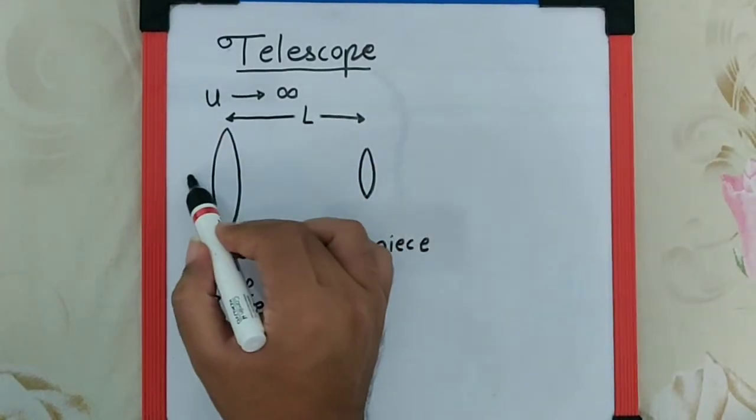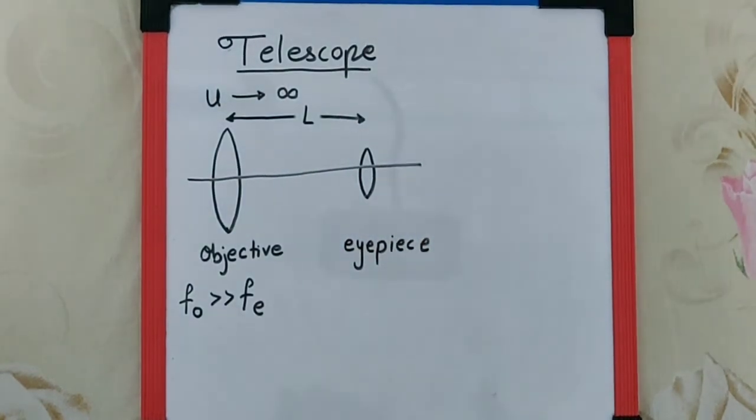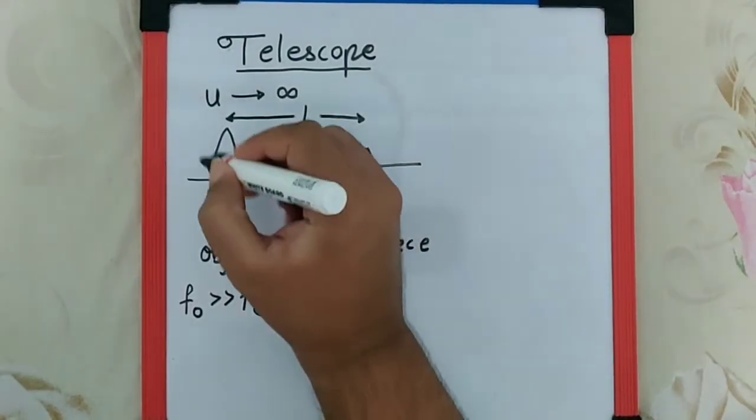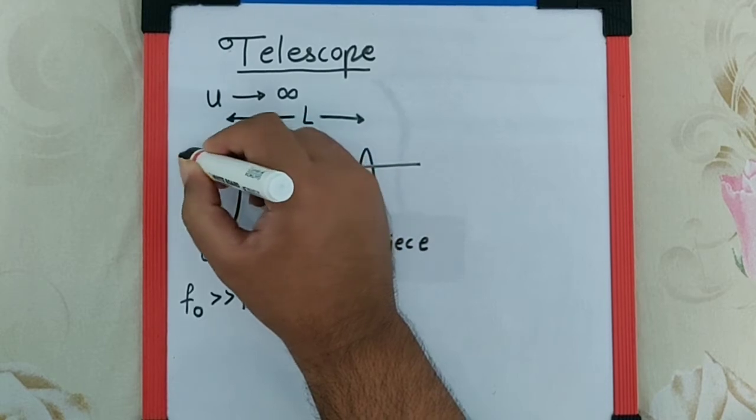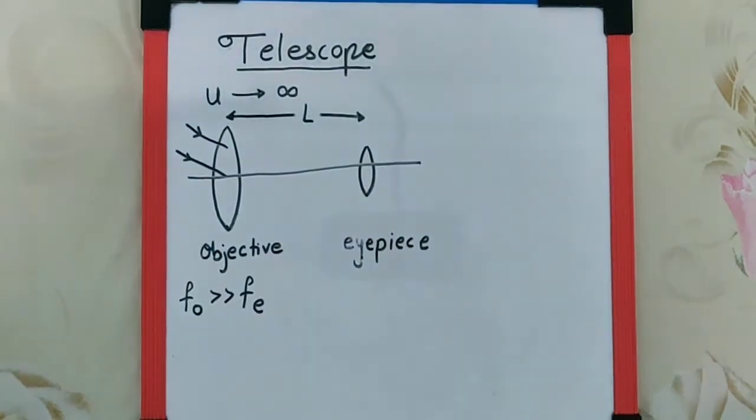Now if we draw the principal axis, we can say the object is at infinity, which means the rays are coming from infinity, so they are parallel to each other. So let's say the rays are coming from some distance but parallel to each other.